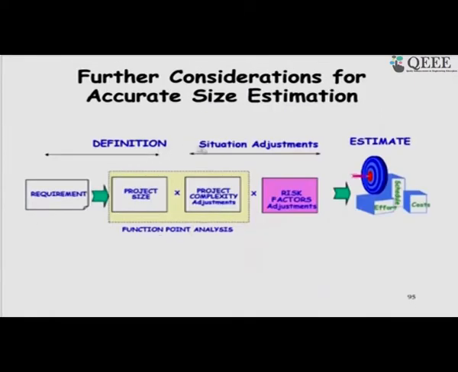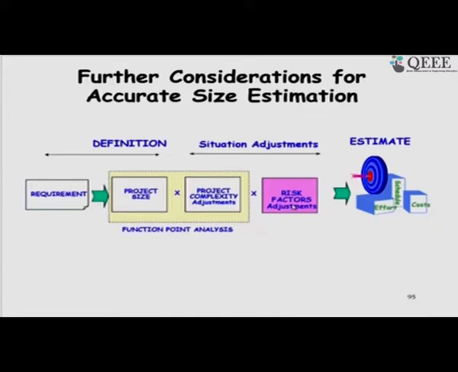Once we get the function point, initially we get the raw unadjusted function point, and then we consider the project complexities and use the value adjustment factor, and that is the problem complexity. But when the project manager considers this, he would have to consider other risk factors, for example, whether the software is complex for the users, the programmers, what kind of tools and so on.